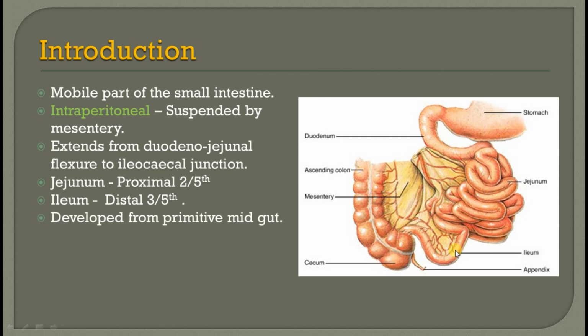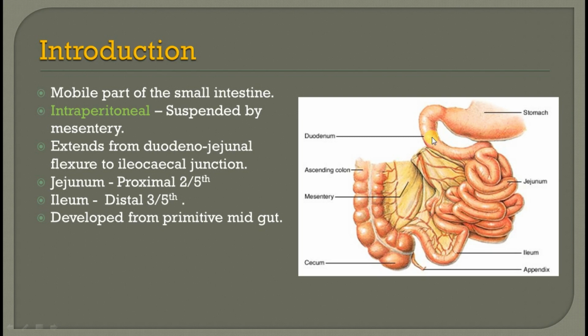It is mainly developed from the primitive midgut. The midgut derivatives are from the lower part of the second part of the duodenum, distal to the opening of the bile duct and the common pancreatic duct, the ampulla of Vater.